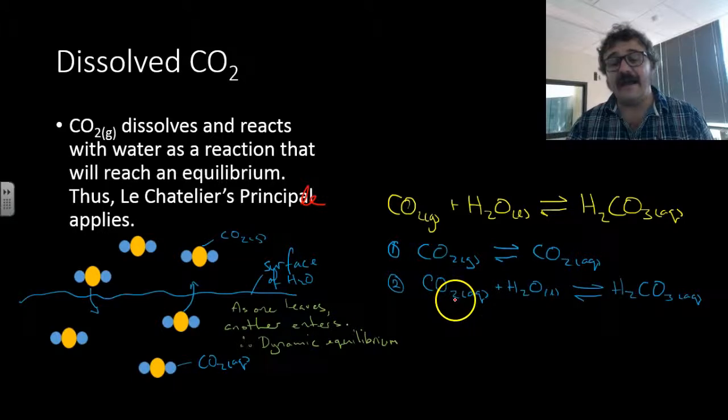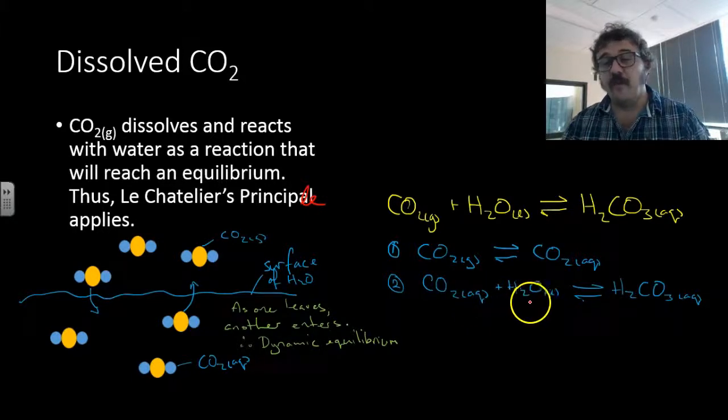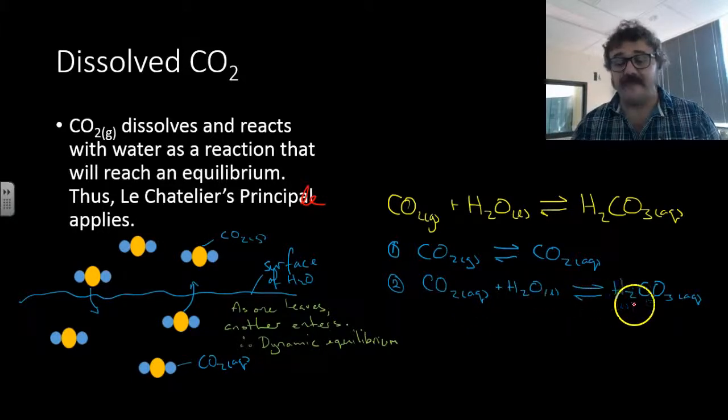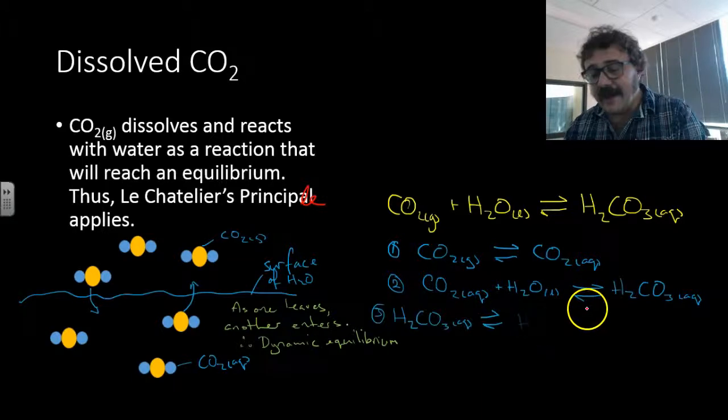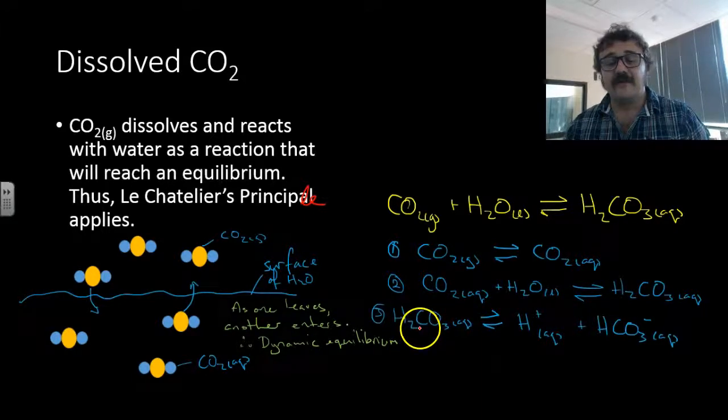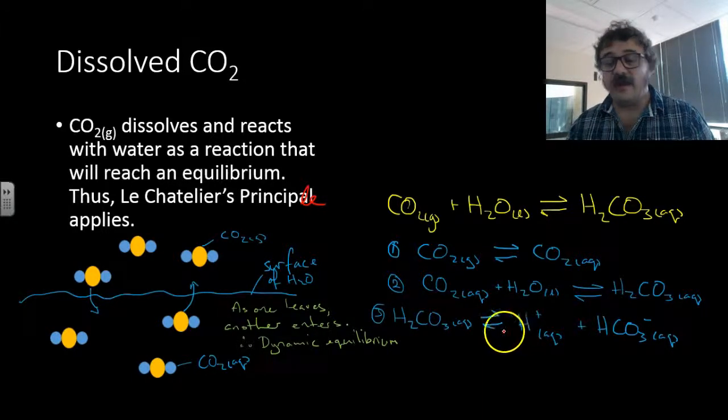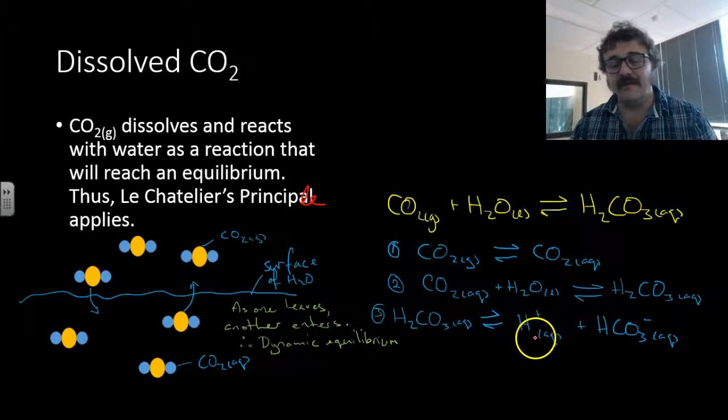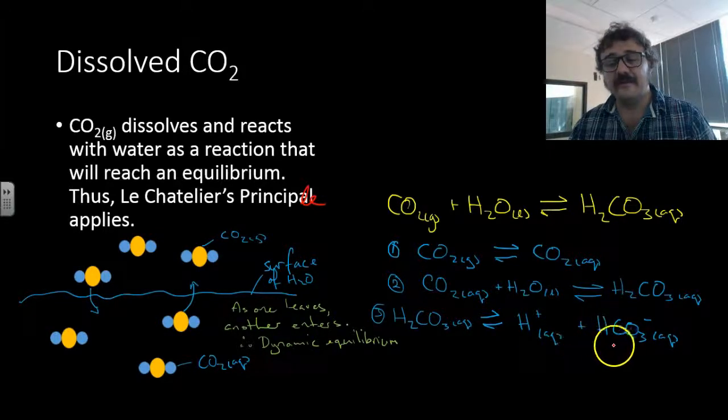Then the carbon dioxide aqueous reacts with water in an equilibrium reaction to give you carbonic acid. Then the carbonic acid dissociates as a weak acid in an equilibrium reaction to give you hydrogen ion plus hydrogen carbonate ions.